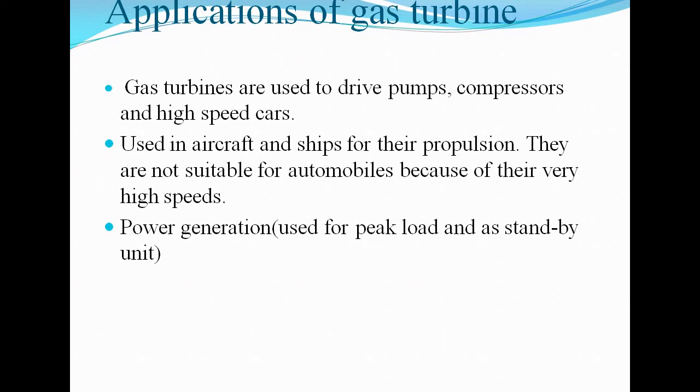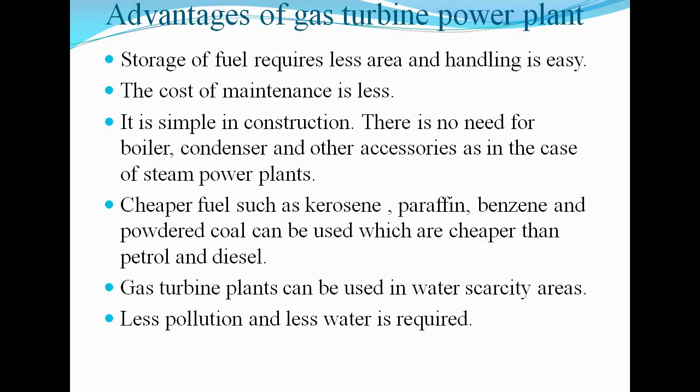Generally gas turbines produce very high power or very high speed, so they are not suitable for automobiles. Then in power generation, they are used for peak load and as a standby unit. So when there is a demand at the time of peak load, a gas turbine can be used. These are the various applications we have seen.